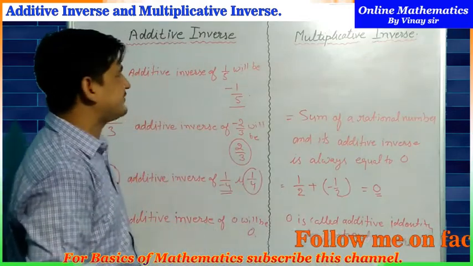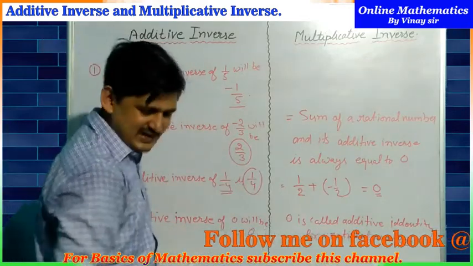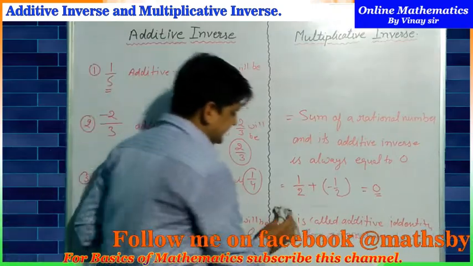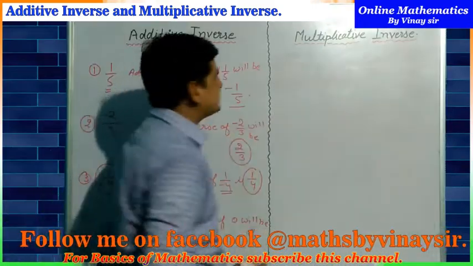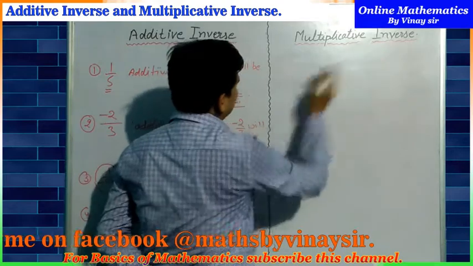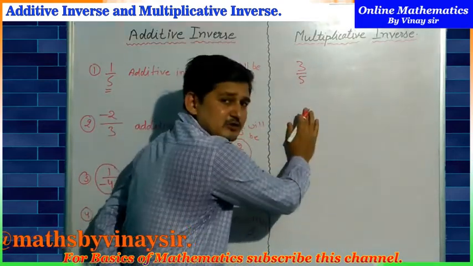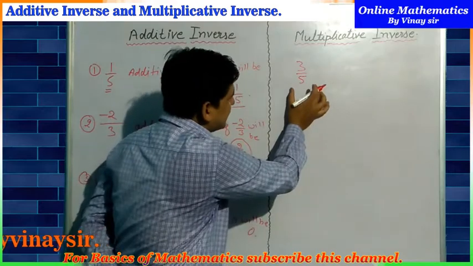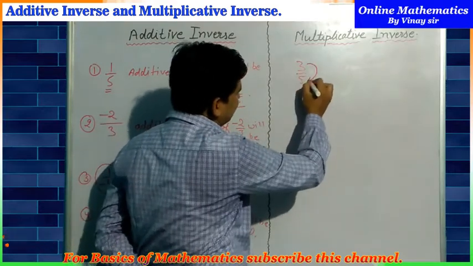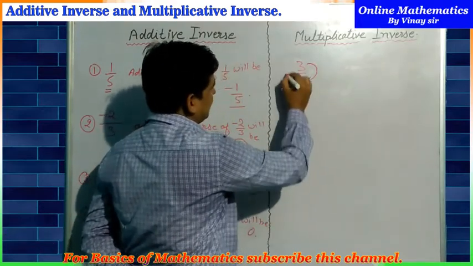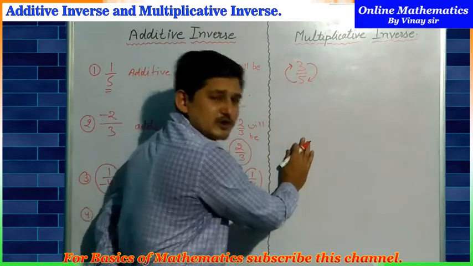The next topic that we are going to discuss is multiplicative inverse. Students, in multiplicative inverse, if we have the number 3 upon 5 and we are going to find the multiplicative inverse of it, the numerator will take the place of the denominator and the denominator will take the place of the numerator.